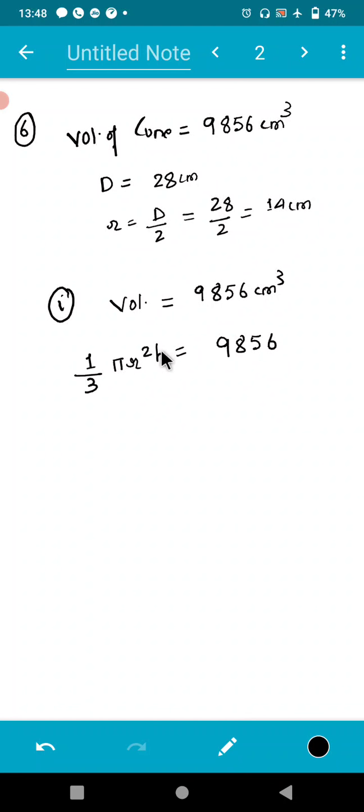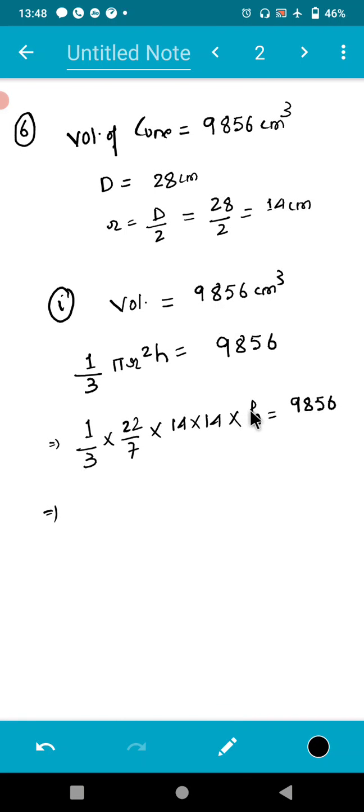Now we have to find out height. 1 by 3 is already in the formula. Pi value, they have asked you to take 22 by 7. What is r? r is 14, so that means 14 into 14. Height we have to find out, so in place of height we'll write h only, equals 9856.